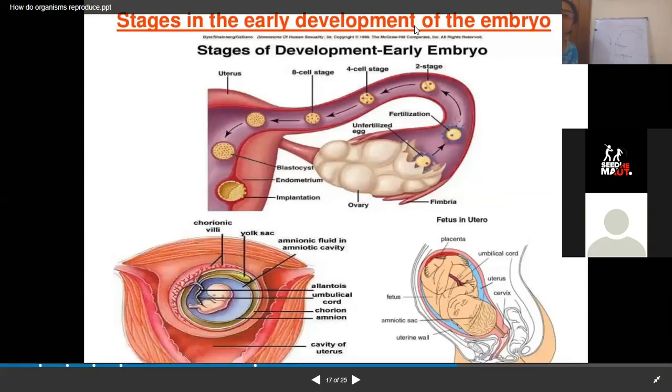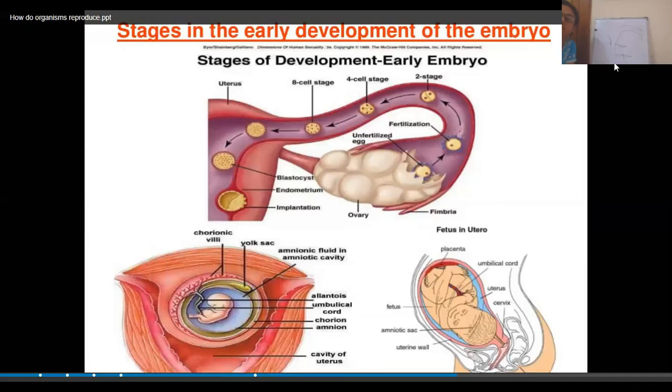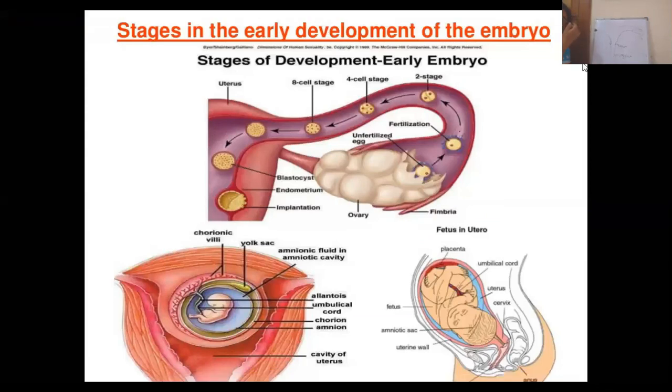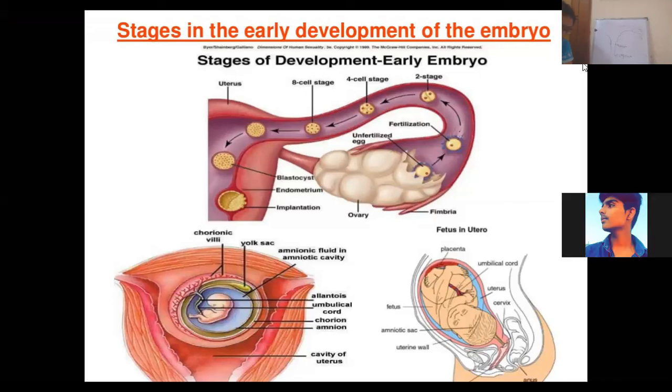So I hope that I was discussing pregnancy, how it occurs. Once the fertilization takes place, the zygote fixes itself on the walls of the uterus, and this fixation is what we call implantation, after which it starts to develop into the embryo.